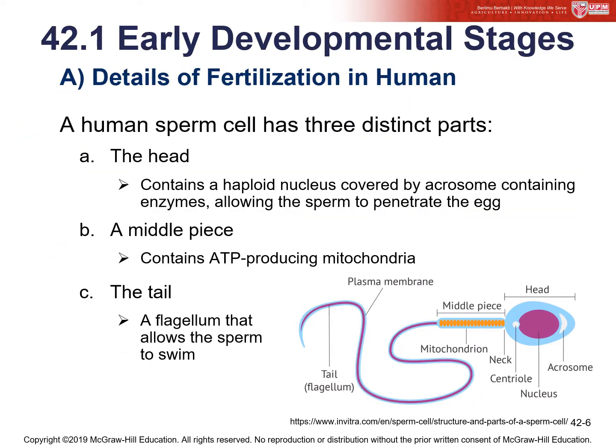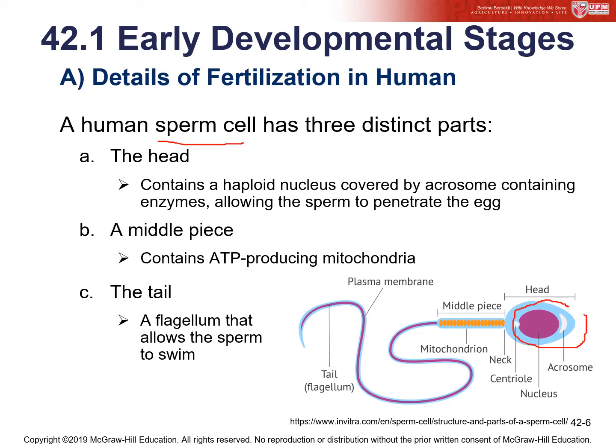Let's go to the first subtopic, which is early developmental stages. Under this topic, you're going to learn the process of fertilization. Fertilization involves two kinds of cells, which are sperm cells and an ovum. In a sperm cell, you can see there are three distinct parts. We have the head here.